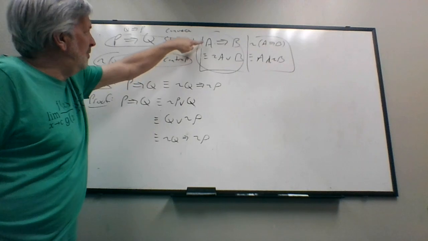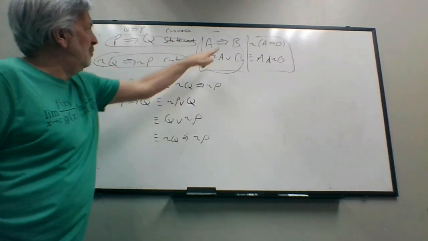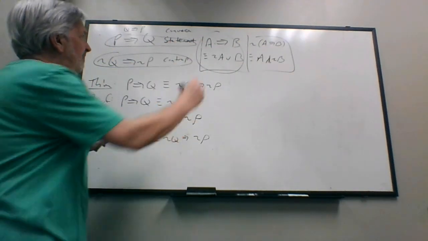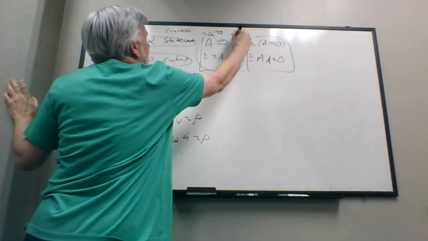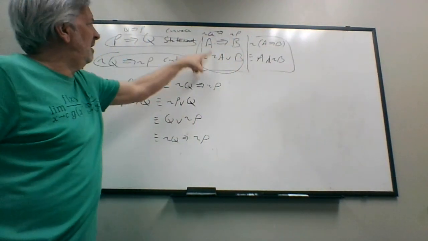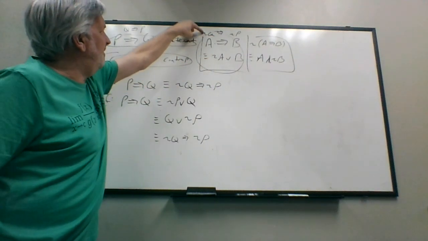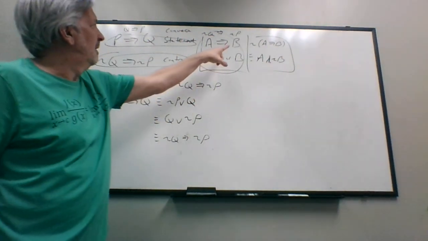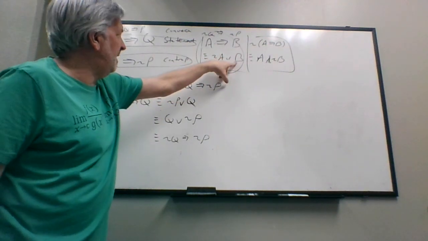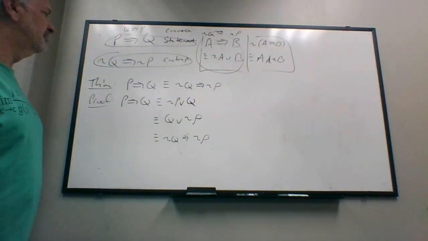Look at this right here. Use A is not Q and B is not P. If I use A is not Q and B is not P, what is that logically equivalent to? The not of A, so not not Q, which is Q, or B, which is not P.